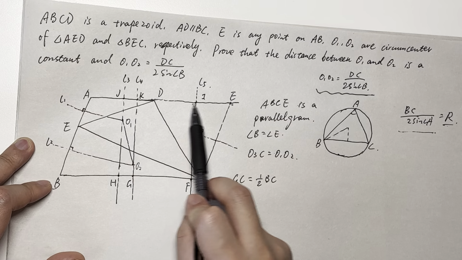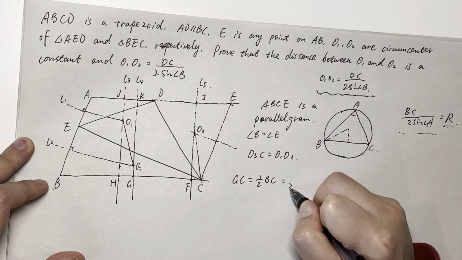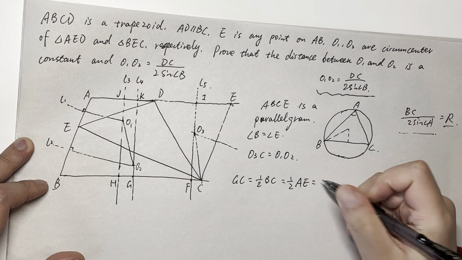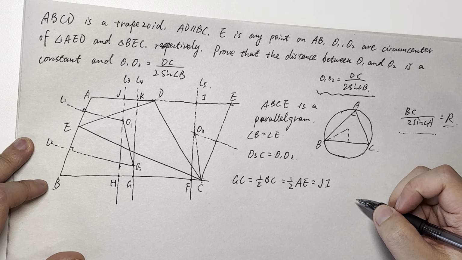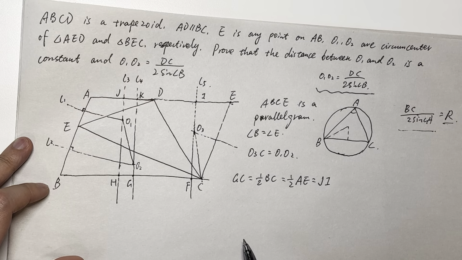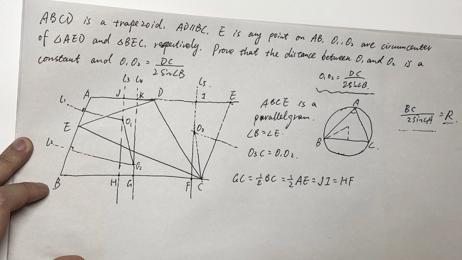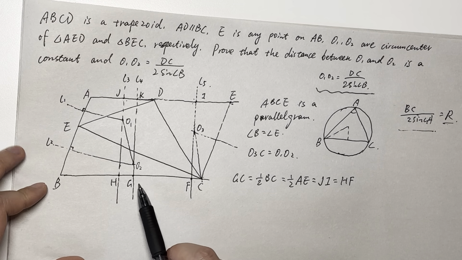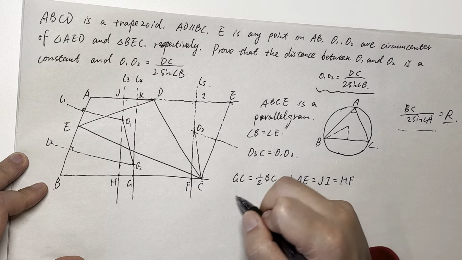And we know that this should be half of AE, which is half of AC, equals half of AE equals JI. Equals HF. Right? JI equals HF. Okay, now we know that GC equals HF, which means FC equals HG.